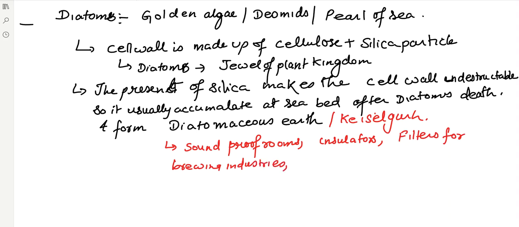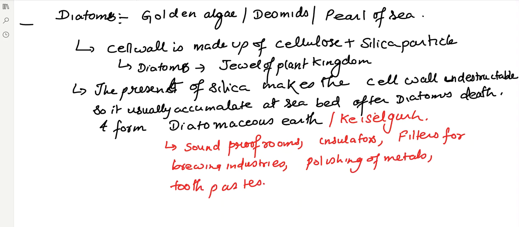Then they can also be used for polishing of metals. Even it is used for toothpaste. Okay, so it is having a wide variety of uses in case of your diatoms.